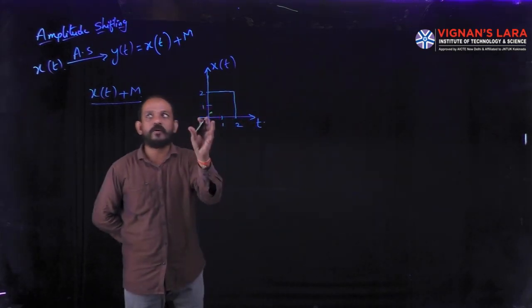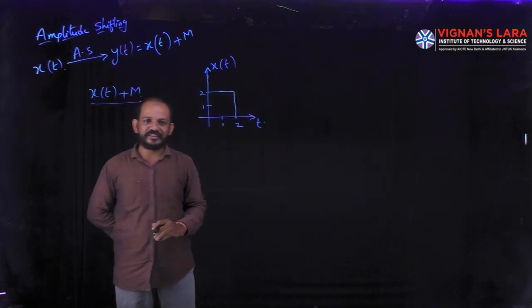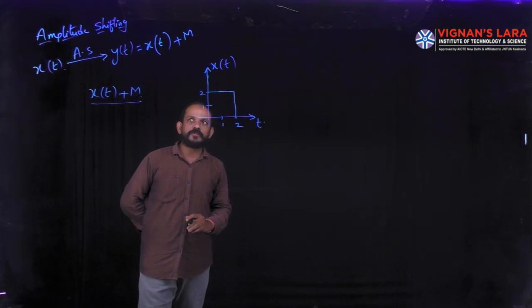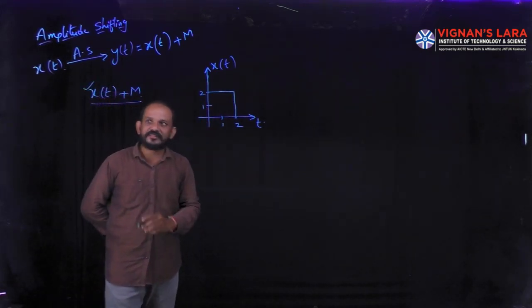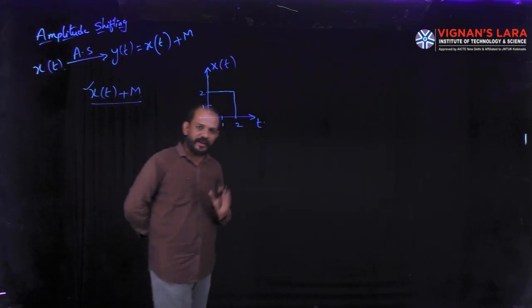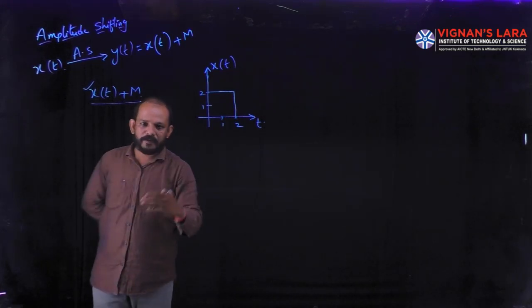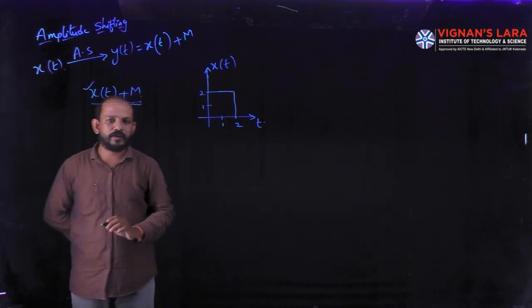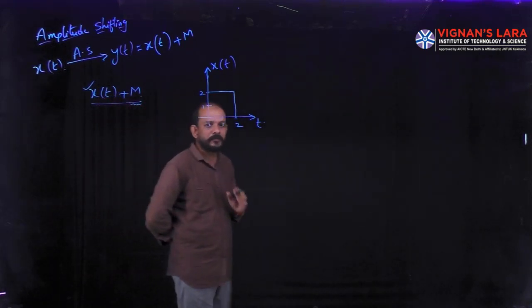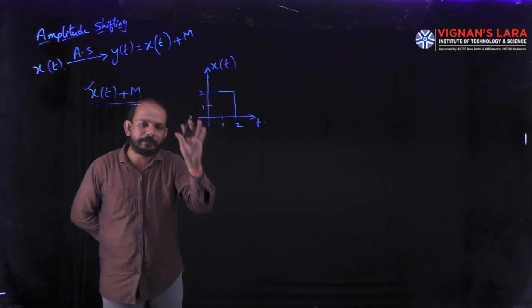Now I want to perform the amplitude shifting operation on this signal. That can be expressed as x of t plus M. Here the shifting will depend on the value of this capital M.